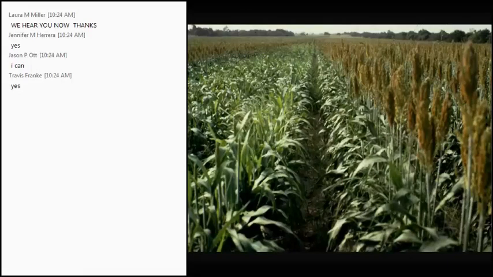But look at the difference in the growth of the plant and the maturity. So this is getting very close to being ready to harvest. This is way, way behind, if it ever gets to the point where you could harvest anything off of it. So phosphorus does play a major role in maturing the crop, stunted growth, and root development and elongation.